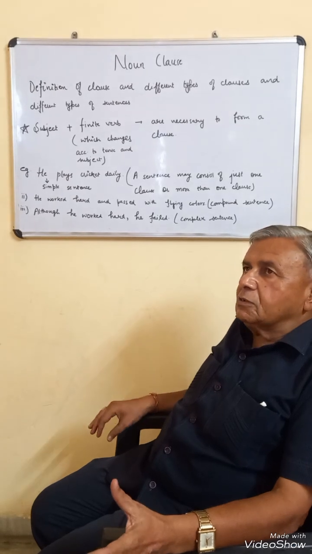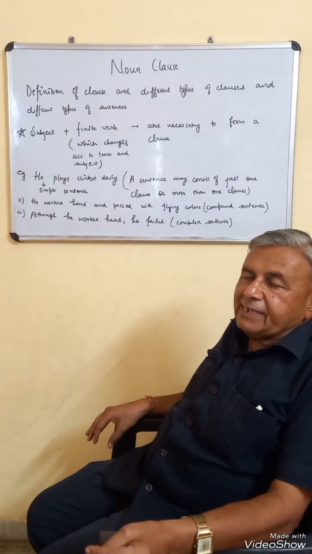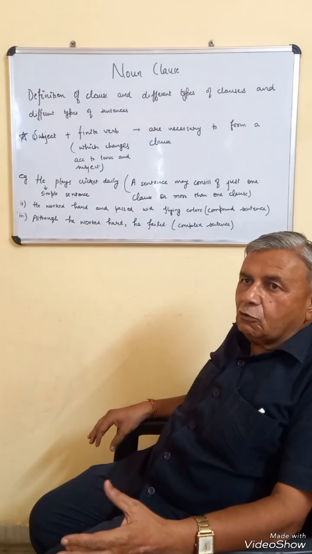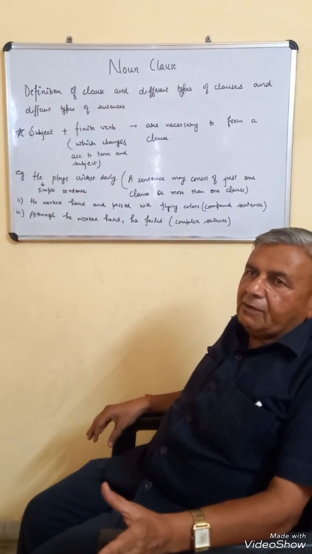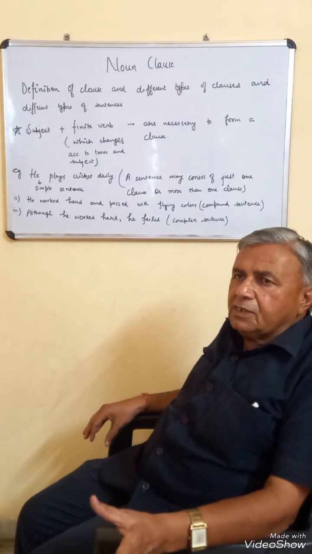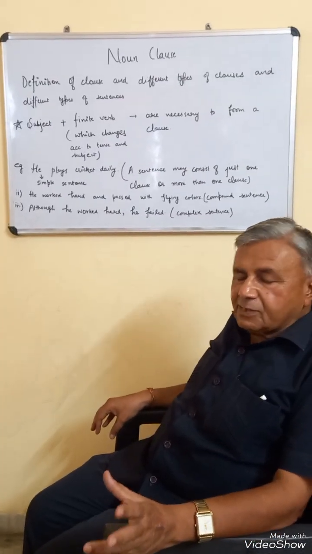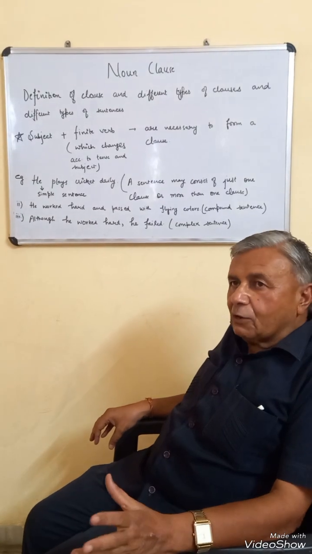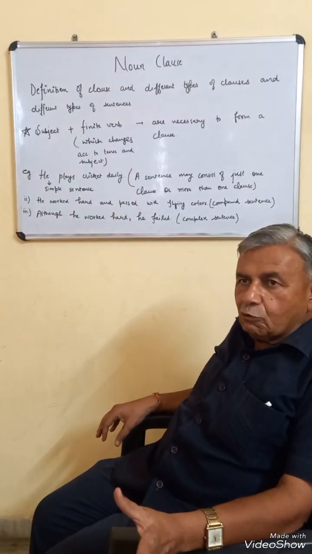Before going further into this discussion, it would be better to know what a clause is. In a sentence, the clause consists of a subject and a verb. When there is a subject and it is followed by a finite verb, then it becomes a clause.